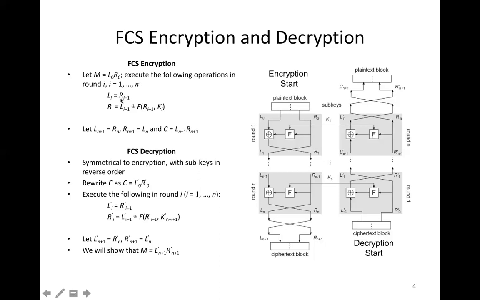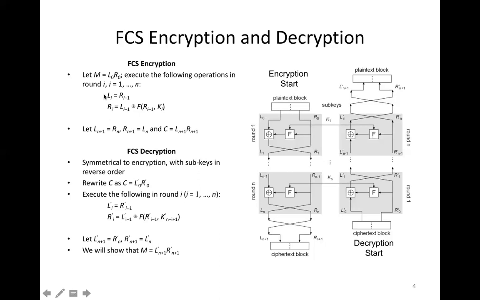So nothing is changed there, but R sub i is changed by applying F to the second half of the previous input, with a subkey ki, and then exclusive OR with the first half of the previous input. Now remember, any function f will do. You do this n times, and you get L sub n and R sub n.